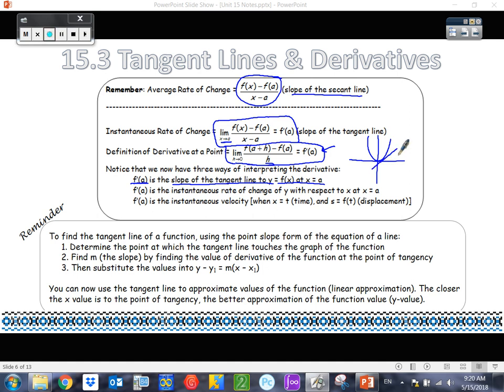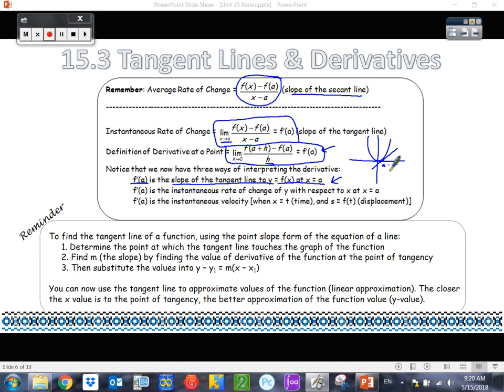The value I get out of this equation is going to give me the slope of this line. That's what this is telling us: f prime of a is the slope of the tangent line at a. So that's what it's going to find for us, the slope of the tangent line.